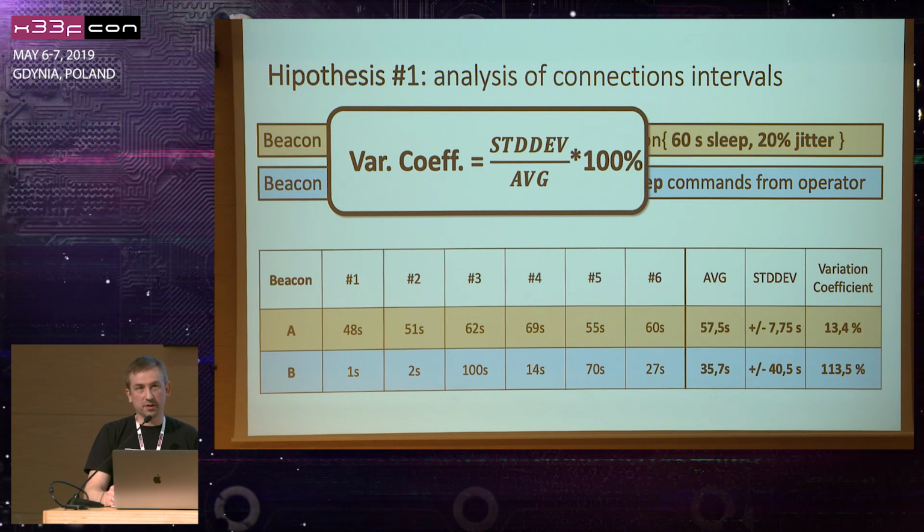So in the case of the beacon B, when the operator is manually putting the beacon into sleep mode, we can see that those intervals are very diverse, and for automatically beaconing malware, those values are not that diverse, and the coefficient of variation is quite small. It's even very close to the jitter value.